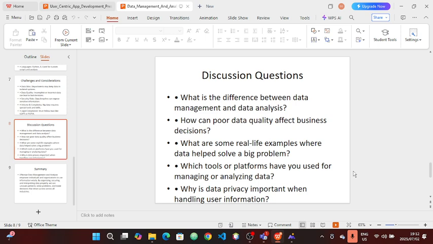So we have one answer coming in here. It says Excel. That's the spreadsheet software, I think. Yeah, Excel. People do use it to manage data. That's a correct one.